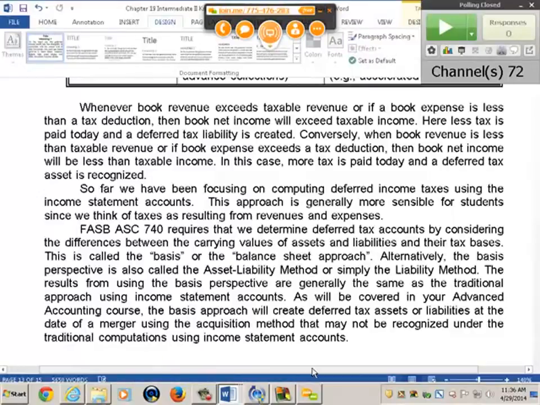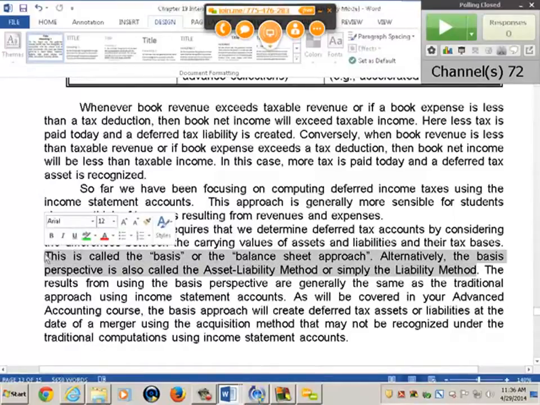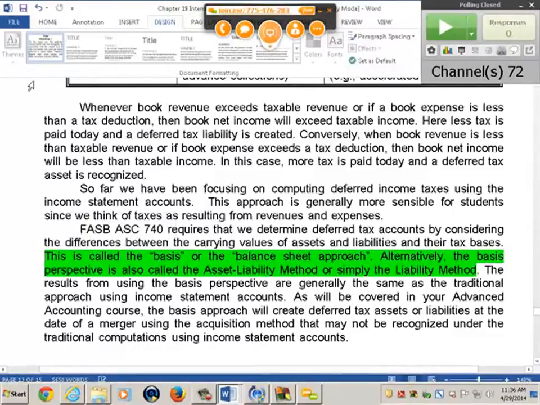Well, unfortunately, when we get to the balance sheet perspective, we have to look at this asset liability approach, this basis approach, where we wind up thinking about tax expense, deferred taxes, based on the differences between how we value an asset or liability for tax purposes versus how we value a tax asset or liability for GAAP. And it's going to become more and more comfortable as we go along.